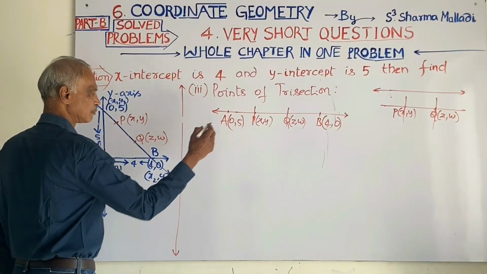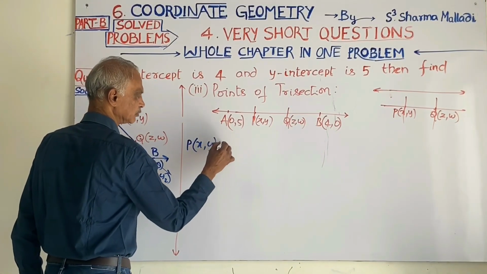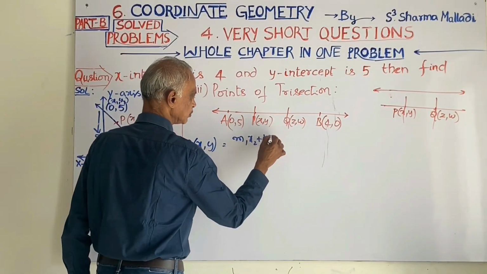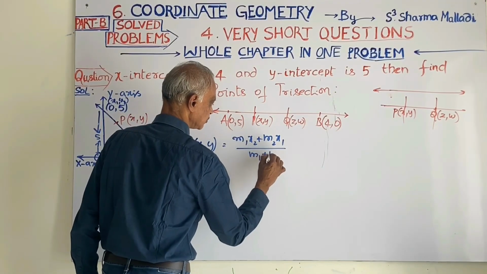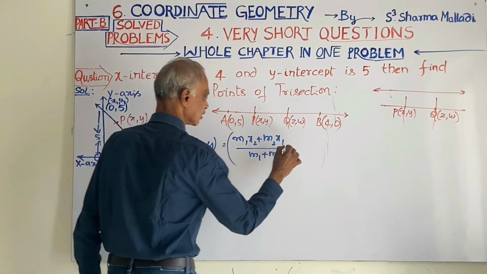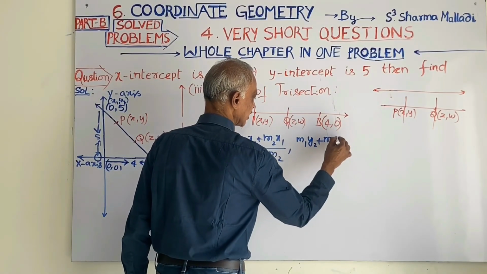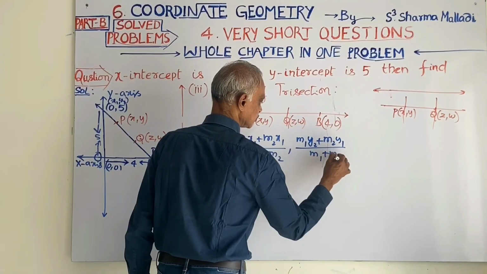What is the formula for points of trisection? P(x, y) is equal to (m1x2 + m2x1)/(m1 + m2), comma, y coordinate will be (m1y2 + m2y1)/(m1 + m2).